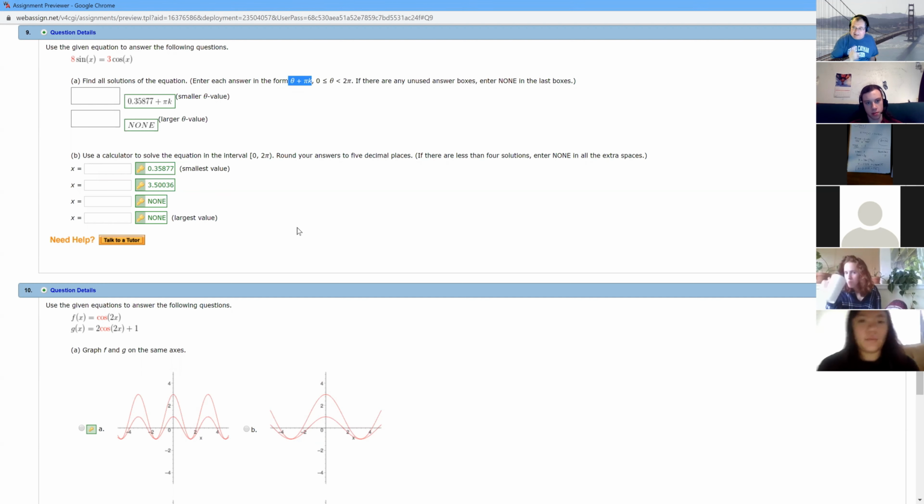Now, you've got to be careful about that because there's going to be questions later on where they'll phrase it the same way, but it won't be pi k. They will phrase the sine questions the same way, but they won't say give it in the form 0 plus 2 pi k. Just think of that as being angle plus period times k, so that you can adapt it to each situation as it arises.